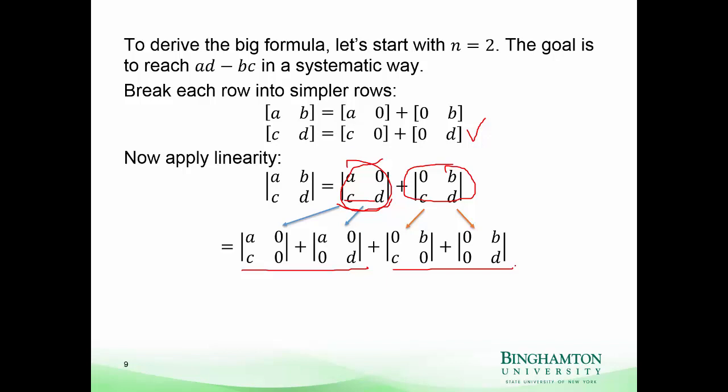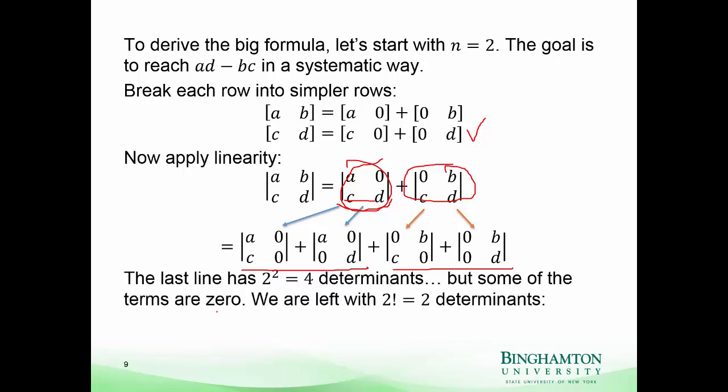So now we've got 4 terms, and that comes from 2 to the 2. Let me clear off some of this ink here. The last line ends up with 4 determinants, which is 2 to the 2. But because of the zeros that get introduced here, a bunch of these are going to be 0.